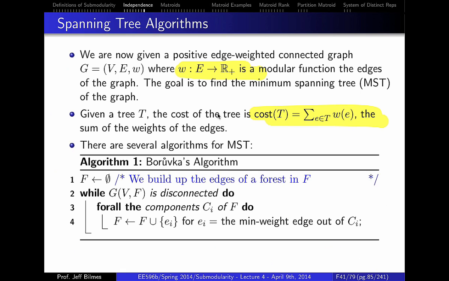And what we do is while this resulting graph is disconnected, this is in the spanning tree case, we look at each one of these components and we add the edge that connects to the component that has minimum weight out of that particular component. Right, so the component can have lots of edges out of it, but we take the one that has minimum weight out of that particular component, and we connect it to whatever other component it's connected to. That now becomes a merged component.